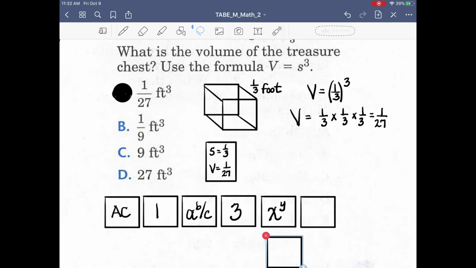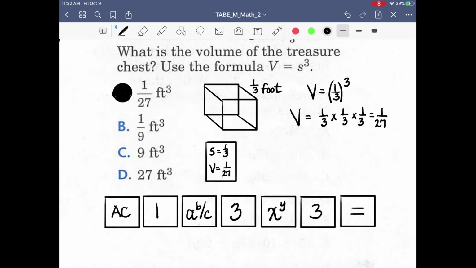So I need 2 of these. So 3 goes here, and then of course equals. So let me type this in and be sure I have it exactly right. All clear, 1 ABC 3, exponent 3 equals, oh, you get a decimal. Wow.